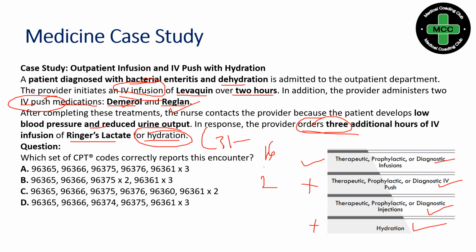For the first hour, you can bill 16 to 90 minutes with one code, and the same way for hydration, 31 to 90 minutes, one primary code. At 91 minutes, you may have to use an add-on code, because after 60 minutes, if you are additionally getting 31 minutes, then you take one more add-on code. So that is the concept.